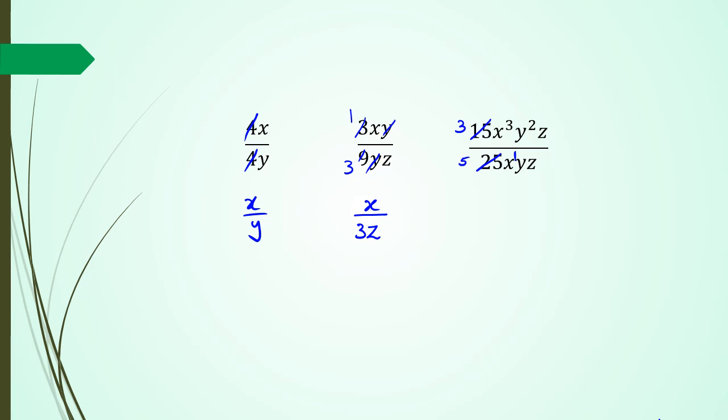But if you're really comfortable with it, then what you can just do is straight away cancel out x and replace the 3 with a 2. And as for the y squared and y, cancel out the y and replace the y squared with a 1. And as for the two z's, they cancel out each other because z divided by z is just 1.